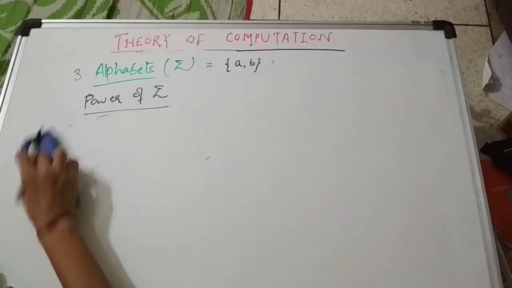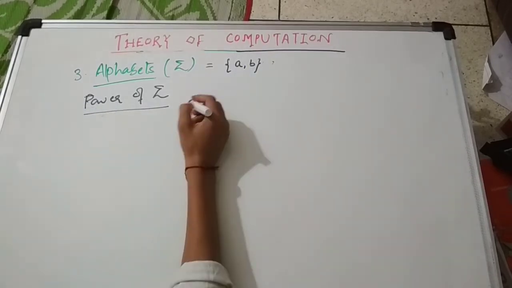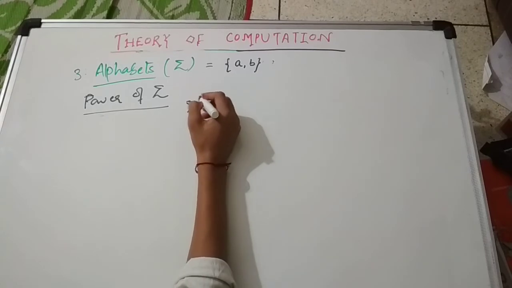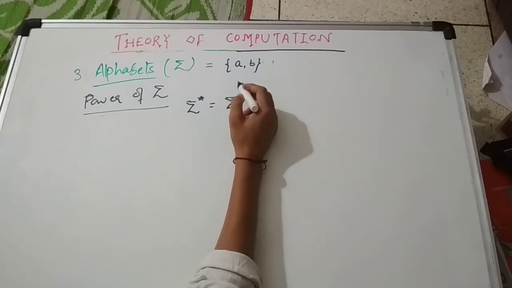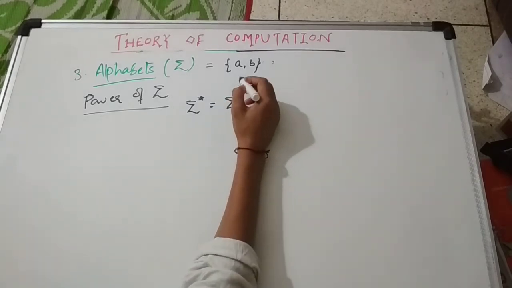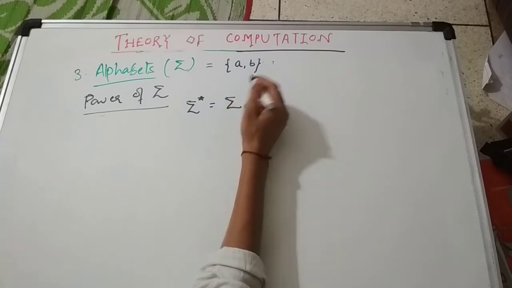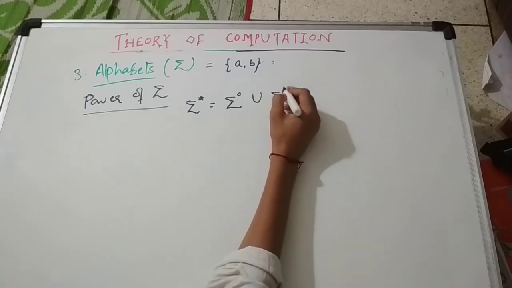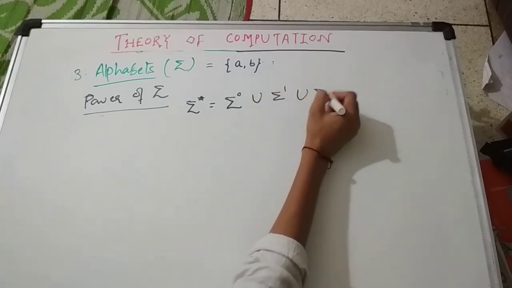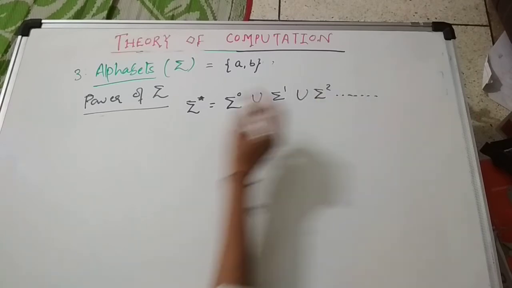Another terminology that we will use frequently is sigma power star. What does it represent? It represents the set of all strings that can be formed over that alphabet. So here we have alphabets a comma b. Sigma power star means sigma power 0 union sigma power 1 union sigma power 2, similarly till infinity.